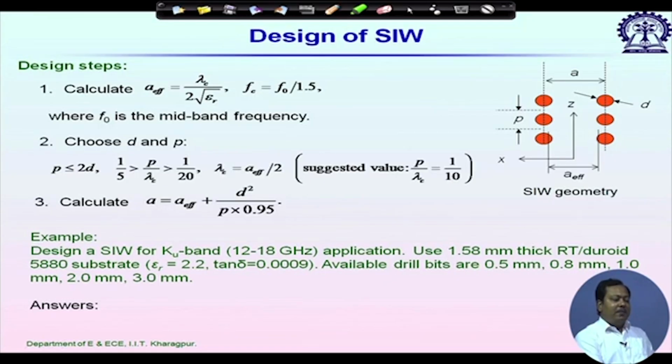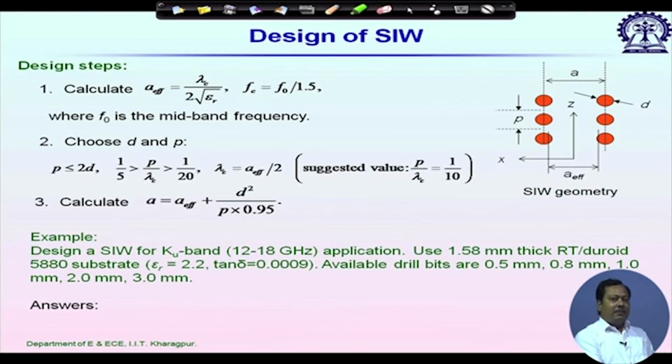A, P and D. How to choose the substrate? If I increase epsilon r, the structure will be compact because A effective will be smaller, but at the same time its power handling capability will decrease and loss will increase, because with increasing epsilon r you are decreasing cross sectional area.